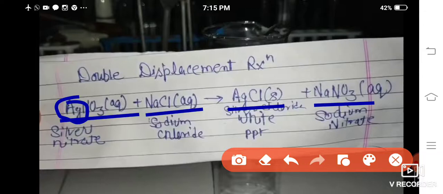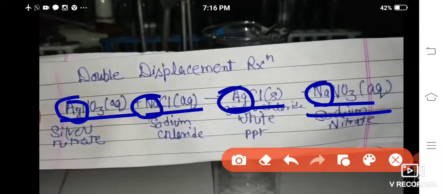Yes, sodium, correct. Silver is replaced by sodium and sodium is replaced by silver over here. So silver nitrate forms sodium nitrate in the product, and sodium chloride forms silver chloride.